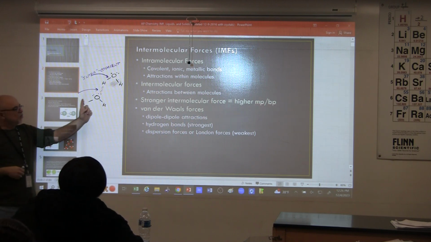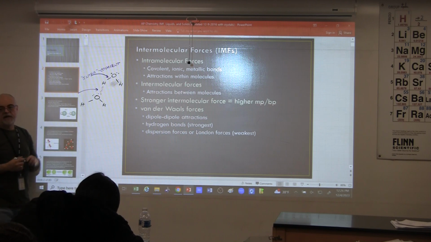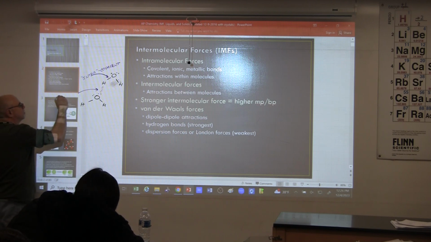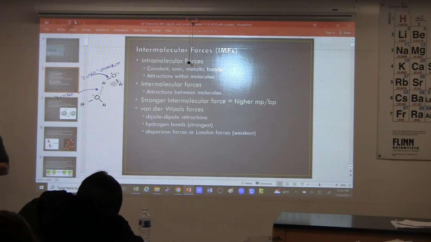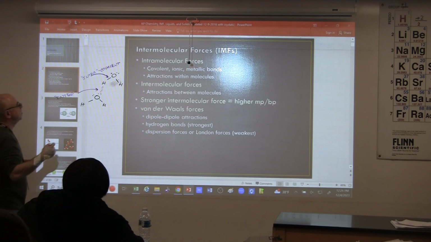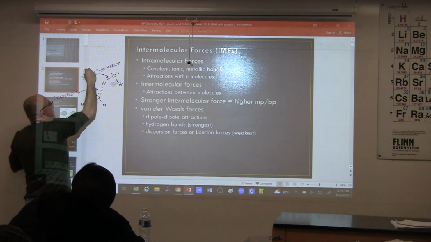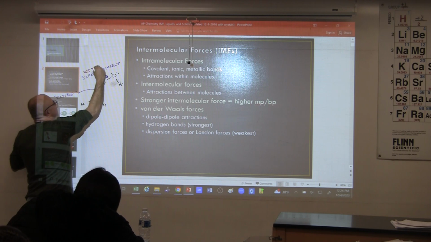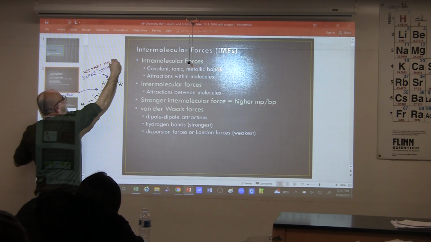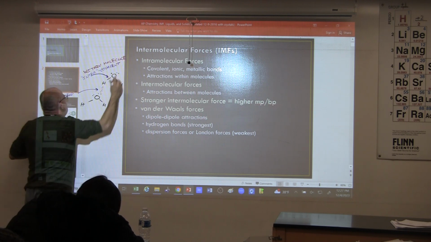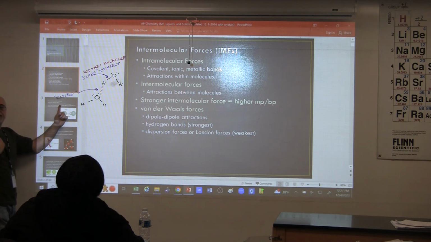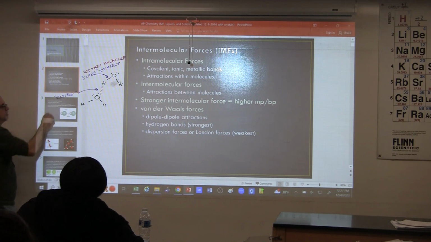So then, why is this called an intermolecular force? If I had to define both of these in just simplest words, intra means within the molecule. Inter means between two different molecules.